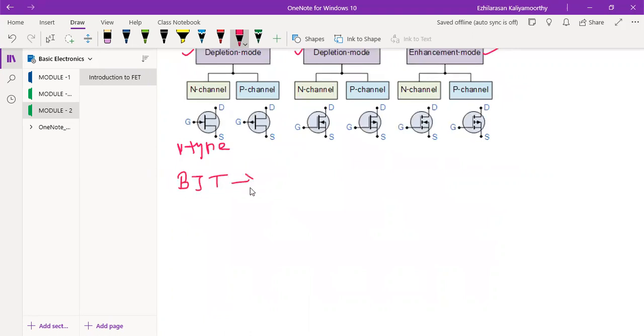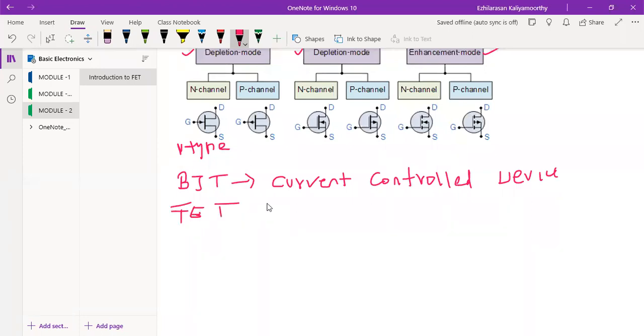Normally, the BJT is a current controlled device, but the FET is a voltage controlled device.